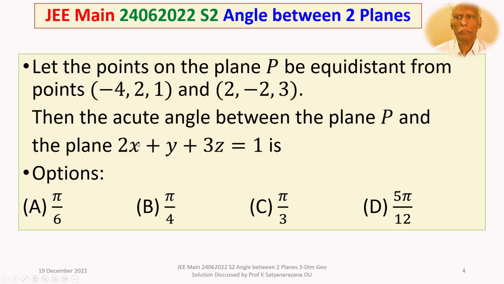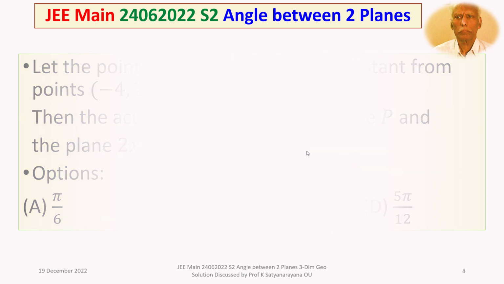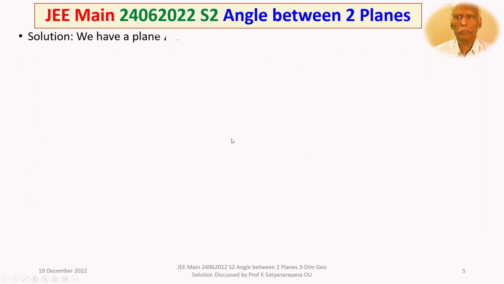And we are also given another plane 2x + y + 3z = 1. We are required to find the acute angle between the plane P and this plane 2x + y + 3z = 1. We now discuss the solution of the problem in detail.